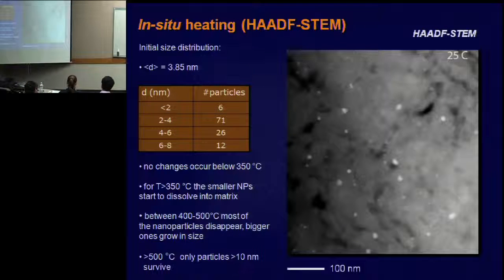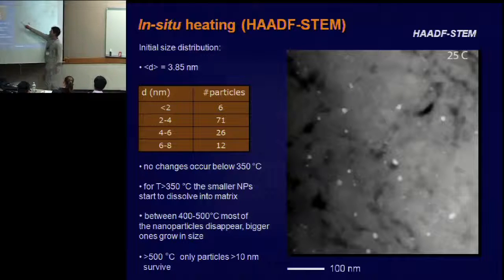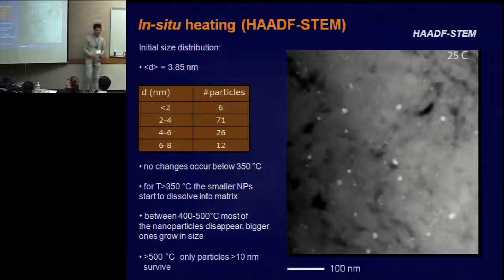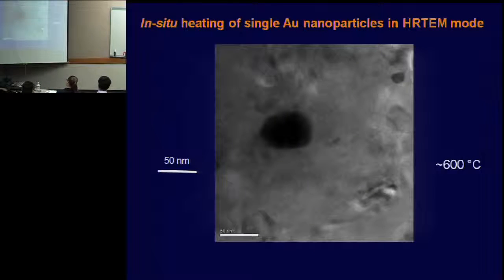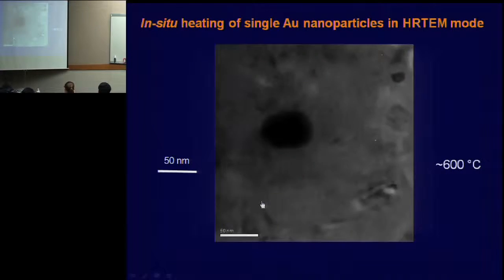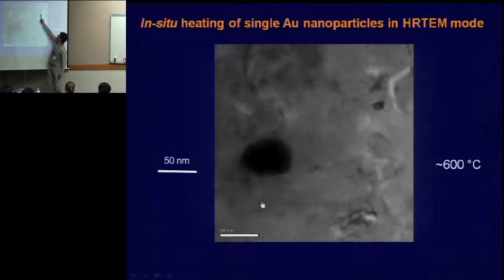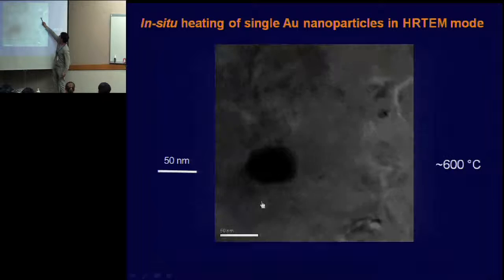What's the experimental picture of this? Most nanoparticles are 2 to 4 nanometers in diameter, and as you heat this up, what happens is actually that, just as in the economic world, the big nanoparticles eat the small ones, so you see this one disappearing over time.